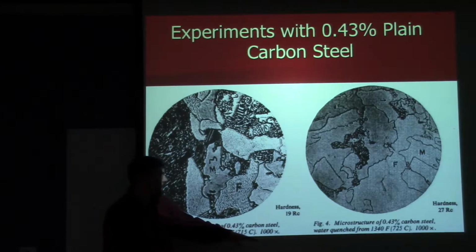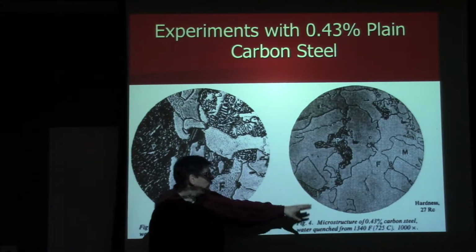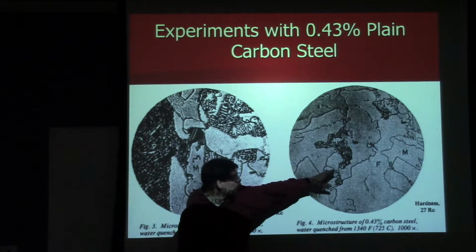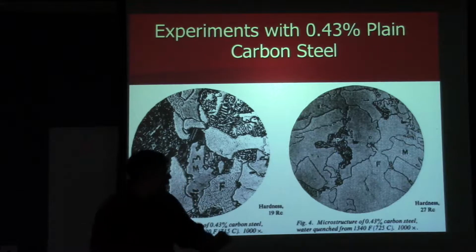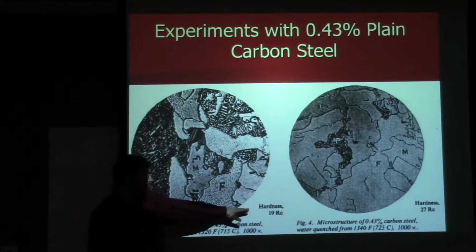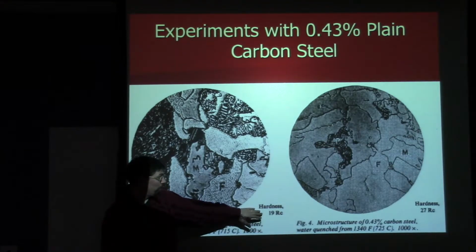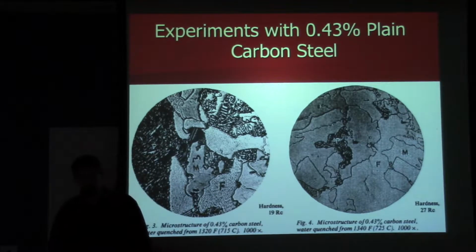He then repeats the experiment, but heats the metal up to 1340. And again, we see a change in the microstructure. Still a mix of pearlite, ferrite, and martensite, but different amounts of each. We also see that the hardness is increasing. So initially we started with what he called a Rockwell C of 10. Here we're at 19, still not really quite a valid number. And then he's up to 27.